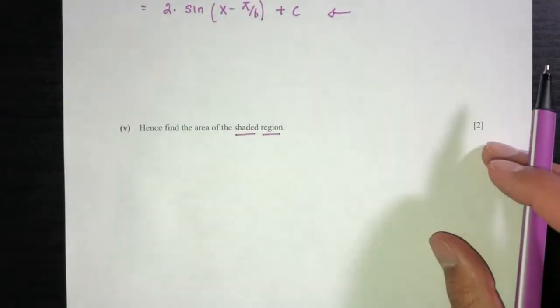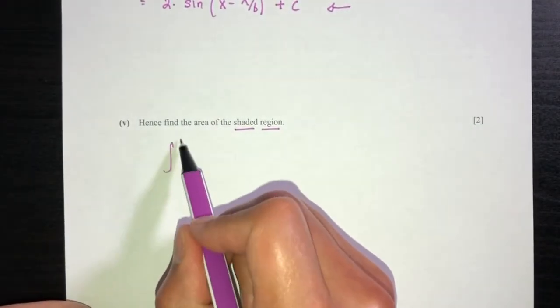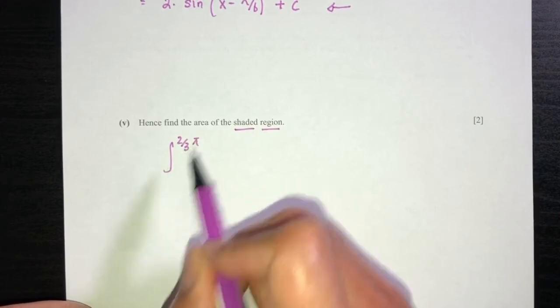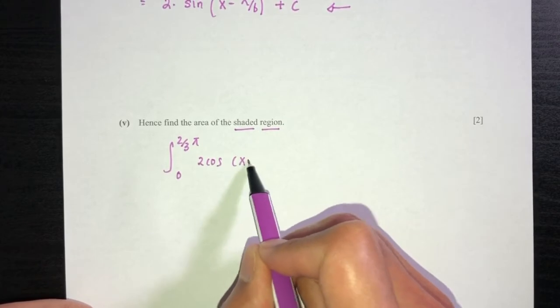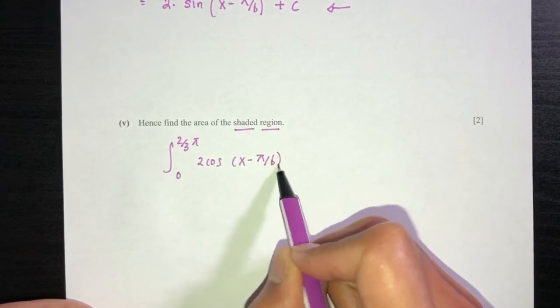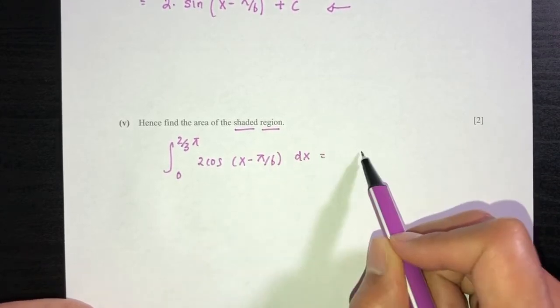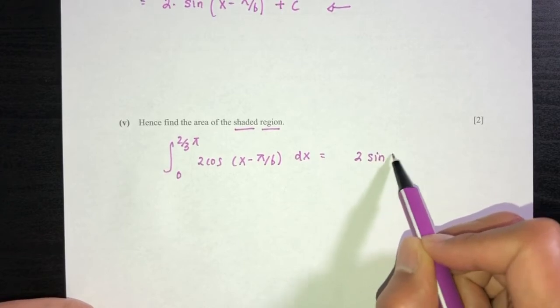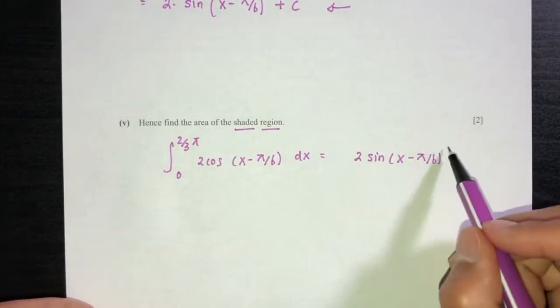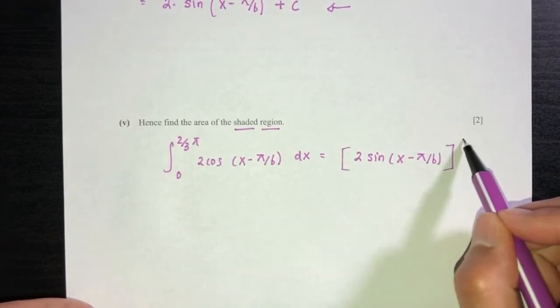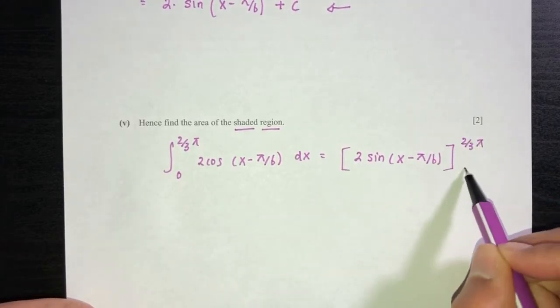These are your limits of integration. So you will have the integral from 0 to 2 over 3 pi of 2 cos of (x minus pi by 6) dx. That will give you 2 sine of (x minus pi by 6) between the limits of 2 over 3 pi and 0.